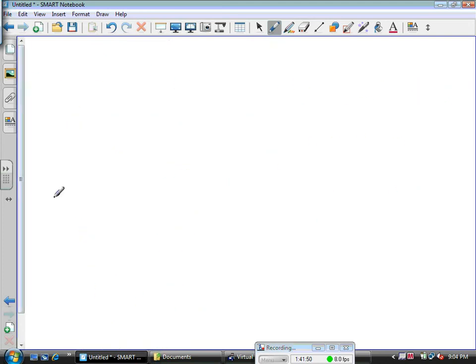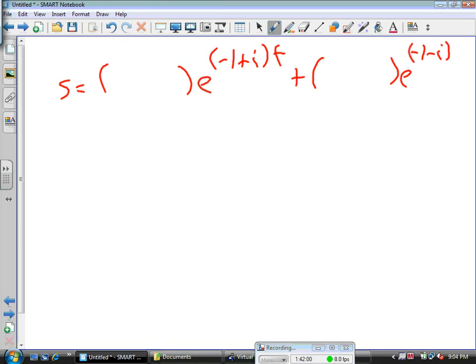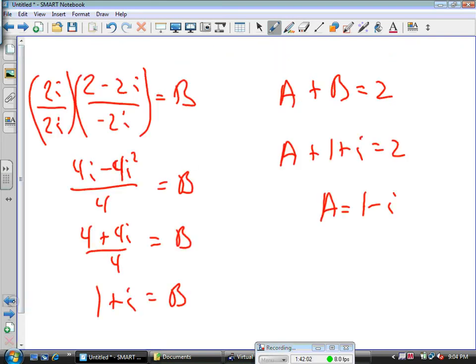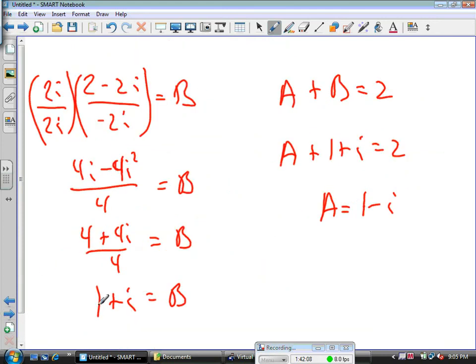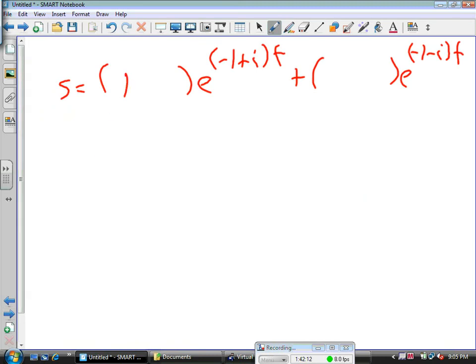Okay, so S is stuff times e to the negative 1 plus i t plus stuff times e to the negative 1 minus i t. But the stuff is AB. A is 1 minus i, and B is 1 plus i. 1 minus i, 1 plus i. Ta-da! There's your particular solution.